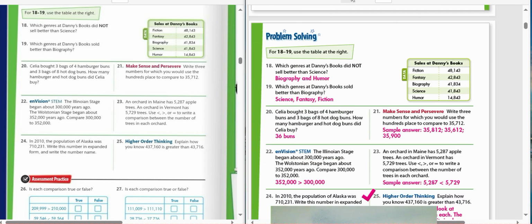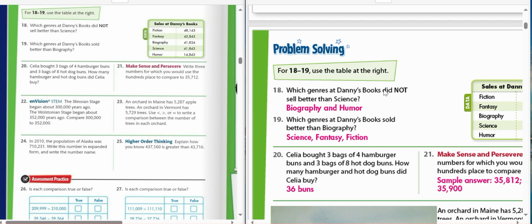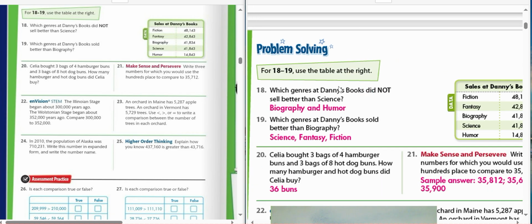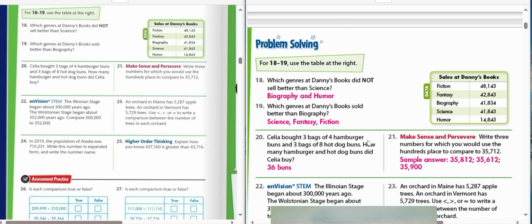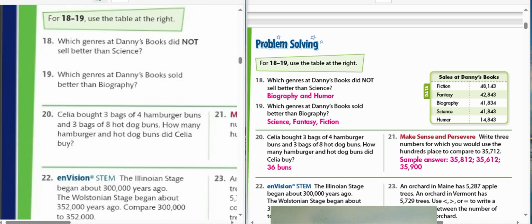Now problem solving. Look at with me. Which genres did the bookstore sell less than Peter? Look at this table here to find the solution. He wants to compare the books. Okay, write it to see the example in your book.